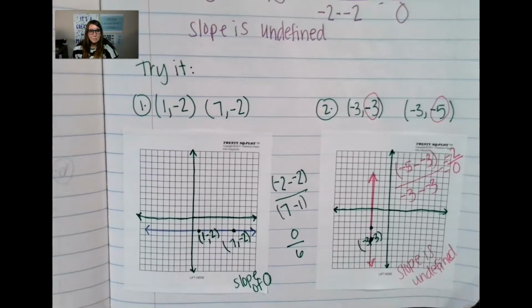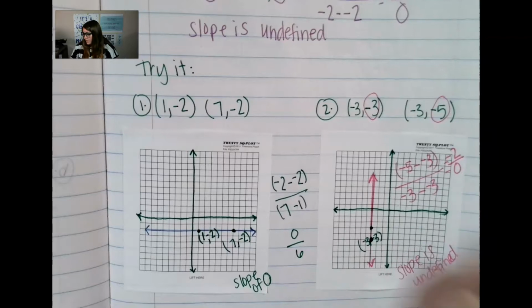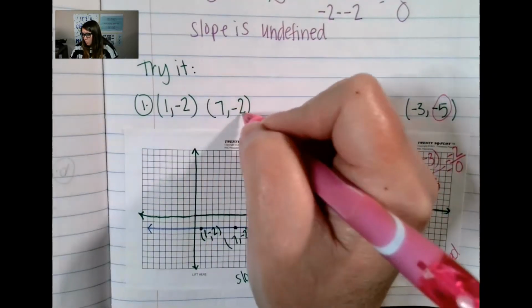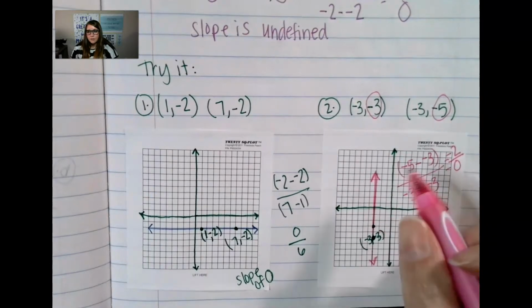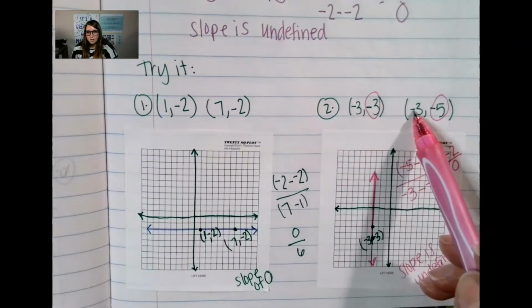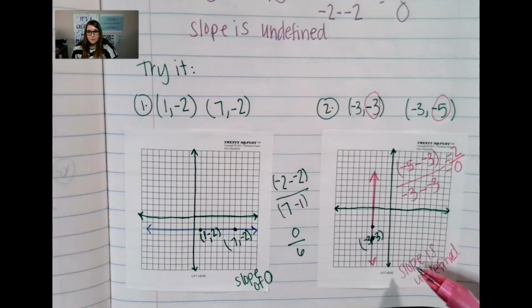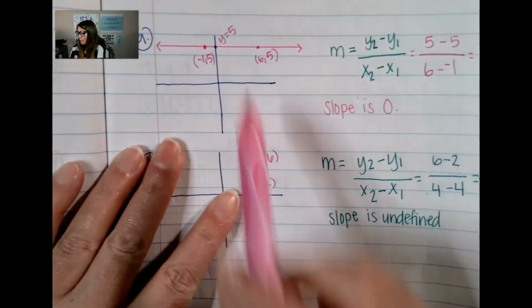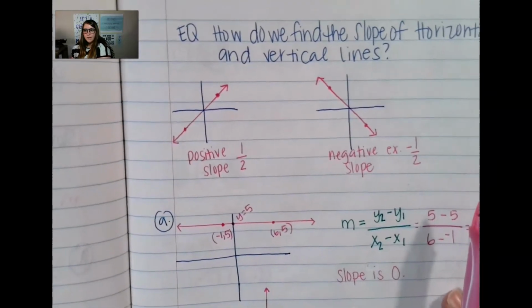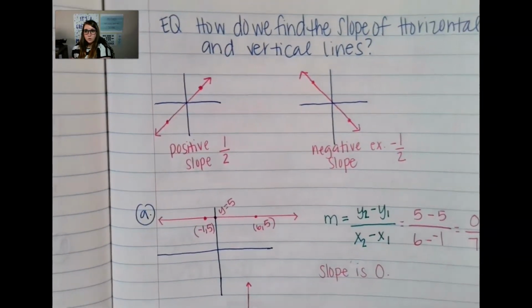If you can see the pattern where these two numbers, your y values, are the same, it's a slope of 0. If your x values are the same, it's an undefined slope. So you can use that idea to help you know about finding the slope of horizontal and vertical lines.